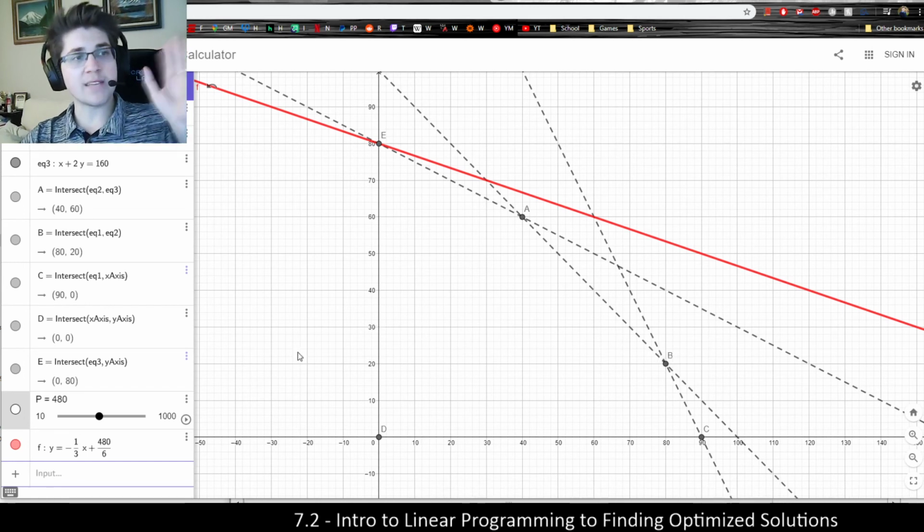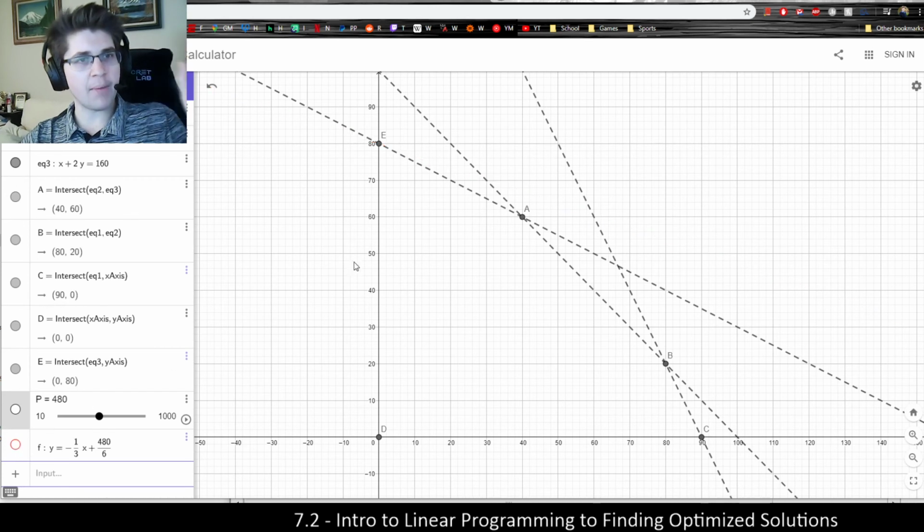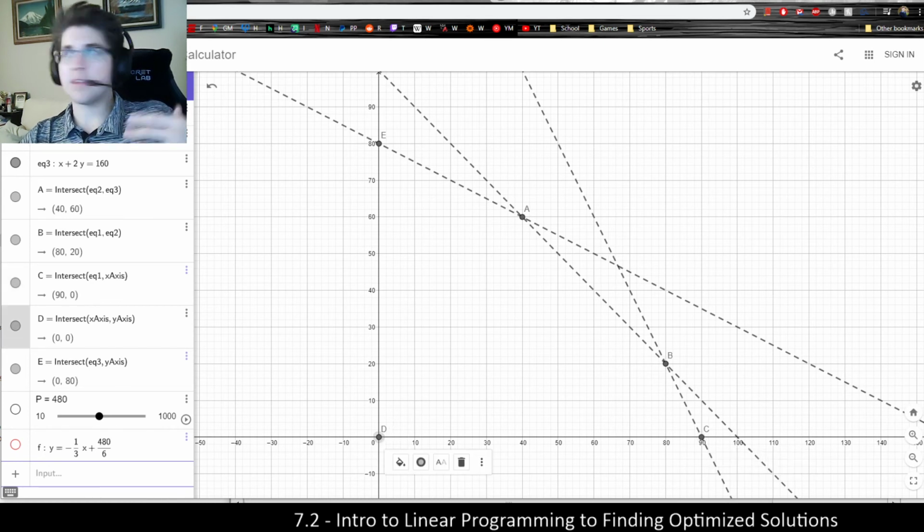But what's way simpler, instead of having to worry about all that, you just know that it's got to be one of those points, and that's how we go about solving these. Basically, we find the corner points of the feasible region, and then we can plug them into the profit function.